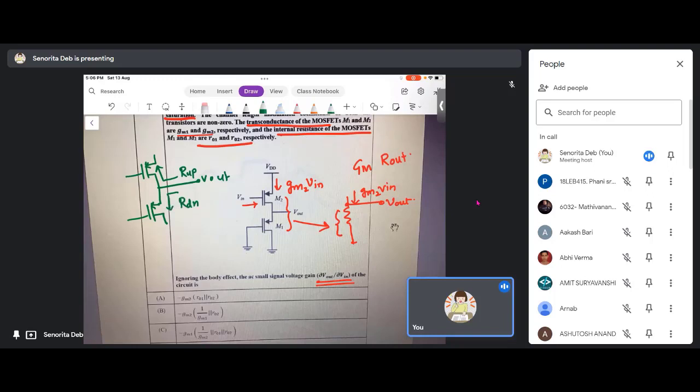R up here is RO1, which is given. R down here is 1 by GM1 in parallel with RO2. This can be approximated as 1 by GM1 as well. Sorry, 1 by GM2, I messed up. So this is the down: 1 by GM1, RO1, and R up is RO2. This is M2, this is M1.